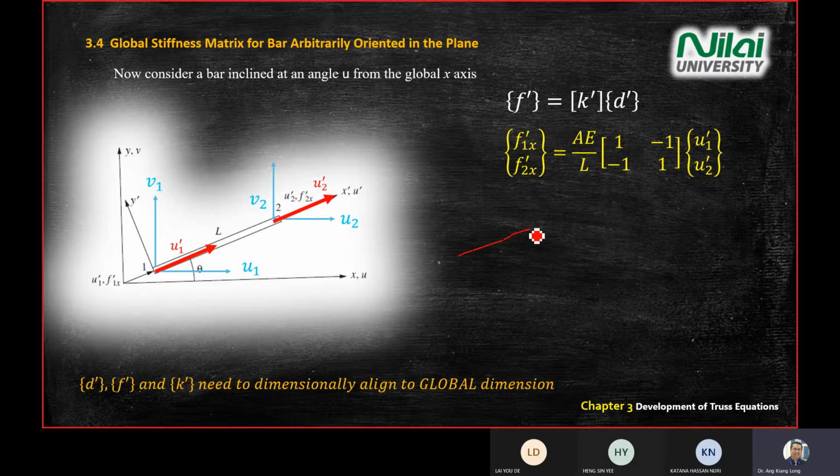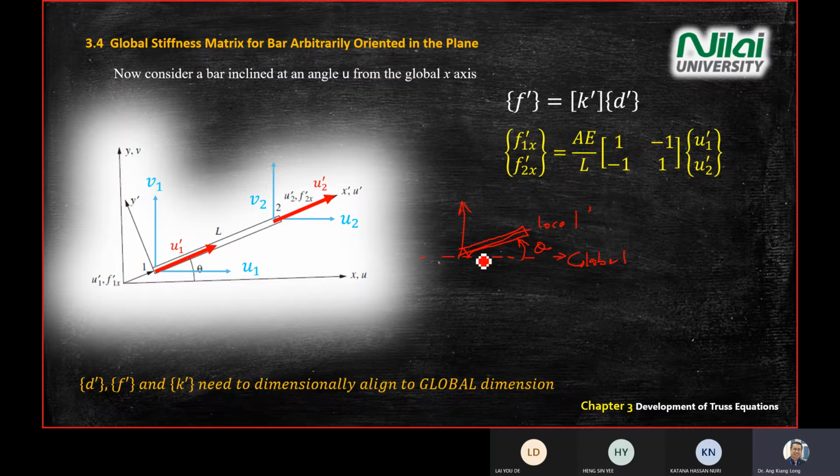And in this case, if you want to use the transformation matrix, your object must be on the local axis. The object must align with the local axis with the prime, and then you look at what is your global axis data, like that.